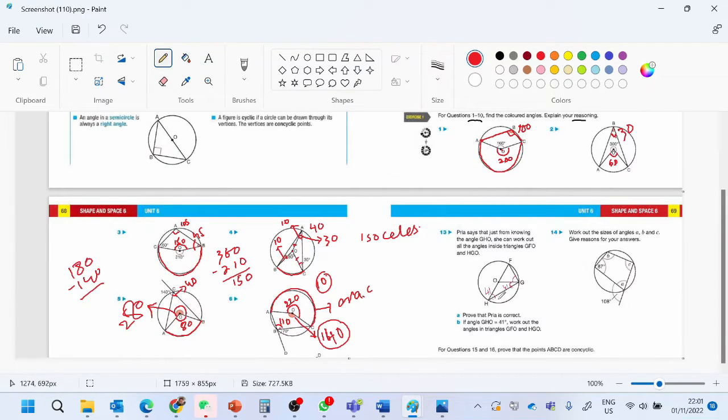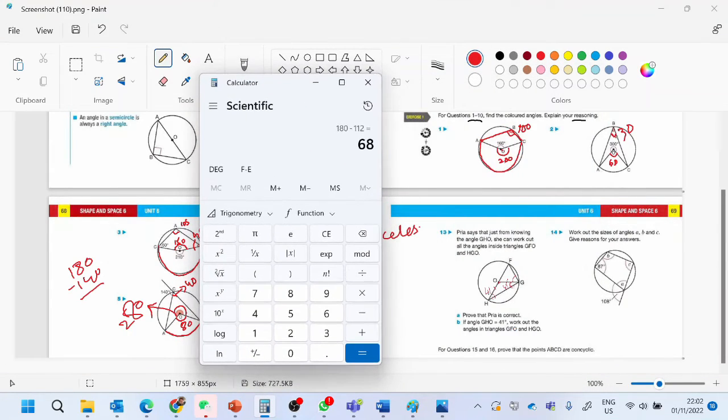The second angle is also 41, because the angles formed by the radius, the two lines, are equal. So these two angles are 41. Find the angle of this one. The total is 180, so we can do 180 minus 41 minus 41, which is 82.